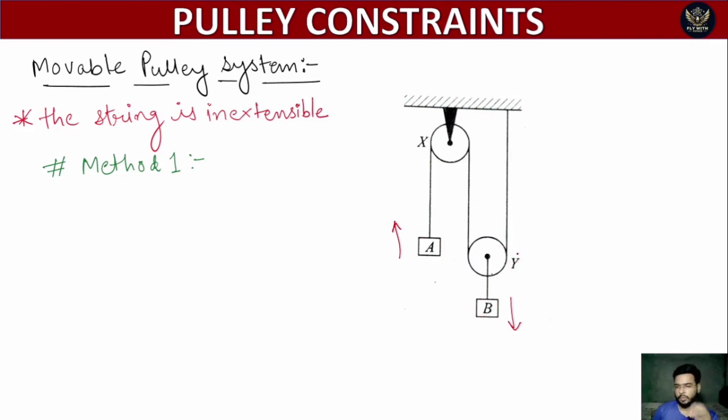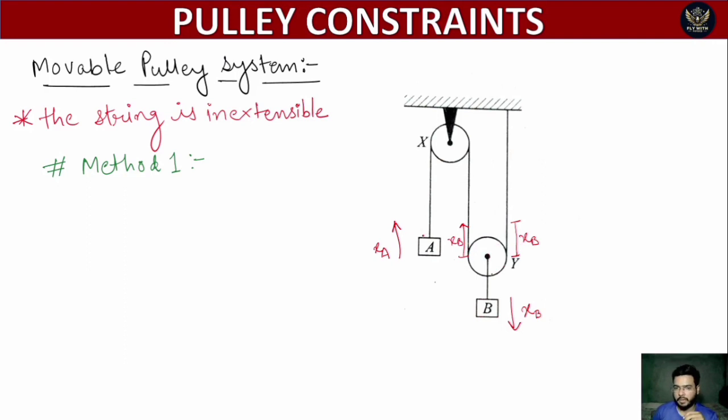Okay, very good. So see, if B is moving downwards by xb, and this one is moving upwards by xa, then we can see that this part of the string goes down with xb, and this part of the string also goes down with xb. So here xb plus xb, 2xb, is moving.